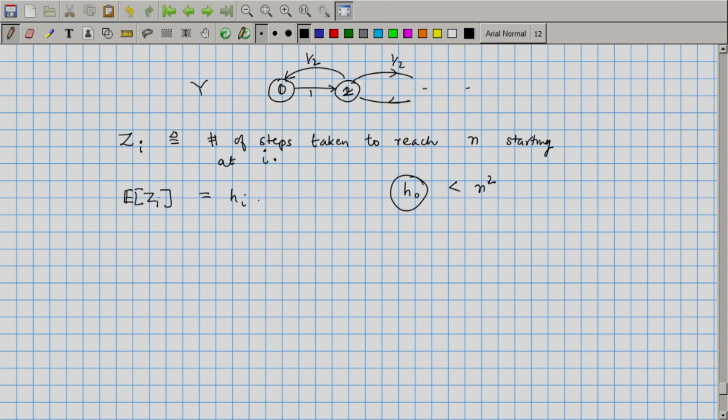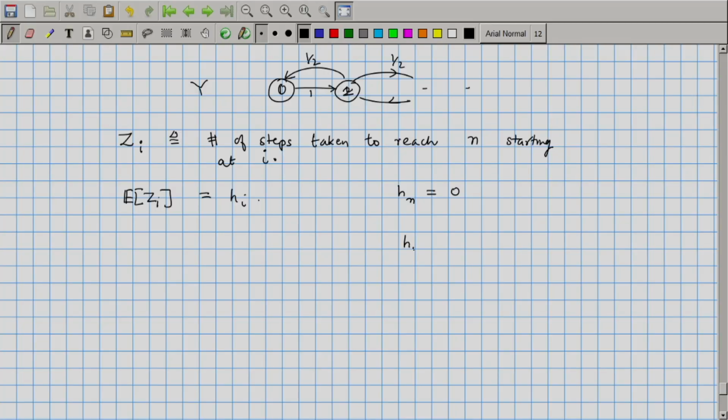So, let us first compute the expectation of Zi. We can write this by means of recurrence relations. Hn is equal to 0, because if you start at the nth step, you immediately reach the nth step, you do not require any additional step.